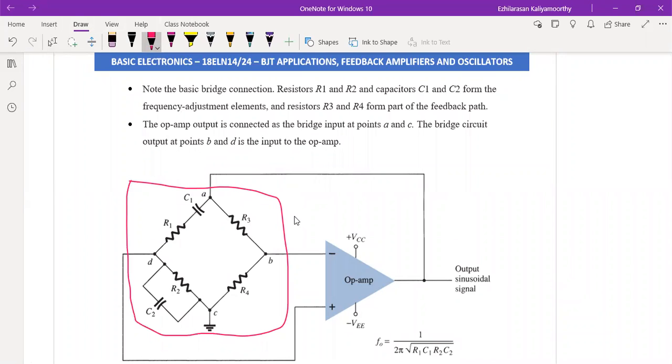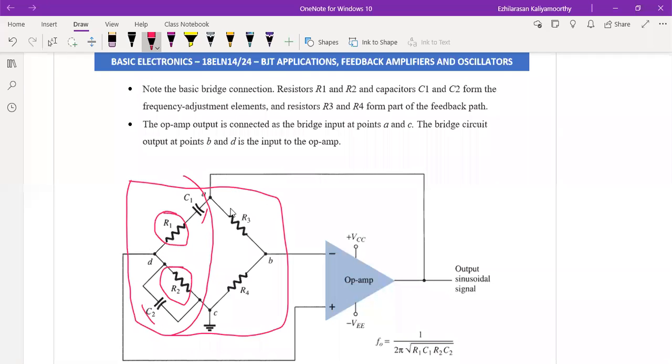In the bridge connection, the resistors R1 and R2, and capacitors C1 and C2 form the frequency adjustment elements. If you want to adjust the frequency, you need to change the values of these only. You should not change these values.